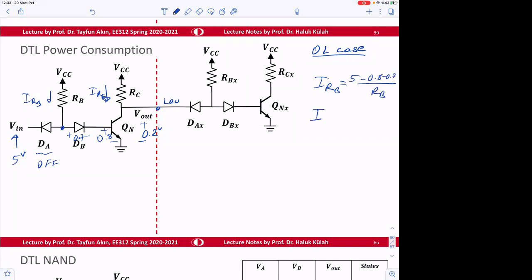And then IRC is going to be 5 minus 0.2 volt divided by RC. Okay. So power dissipation for output low case is going to be VCC times IRB plus IRC.